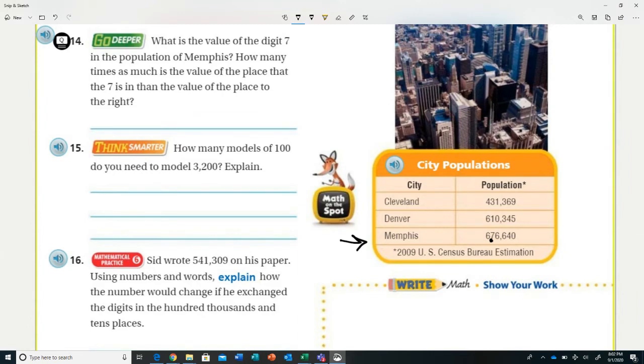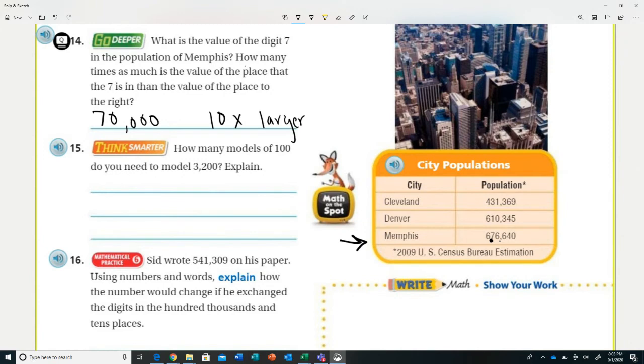So when we go to answer this, the value of the 7 is going to be 70,000. And how many times as much is the value of the place that the 7 is in than the value of the place to the right? So it's 10 times larger. So from the 6 to the 7, it's 10 times larger.